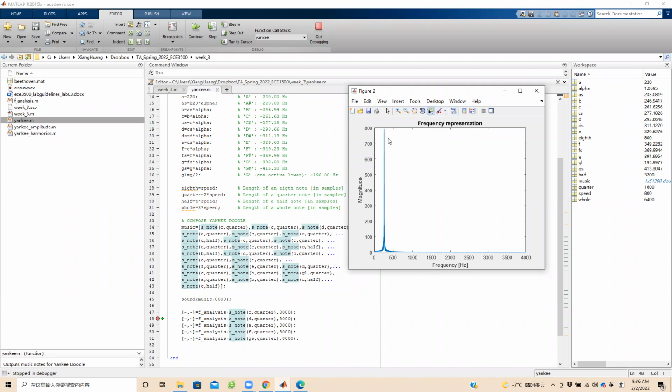We check it, and you can see, yes, the energy is concentrated on 261 hertz.